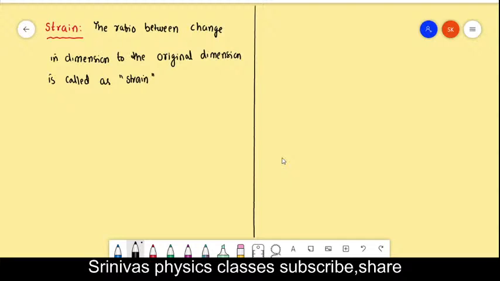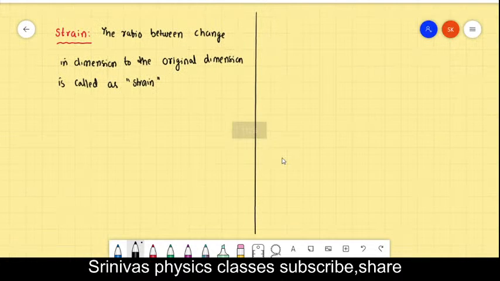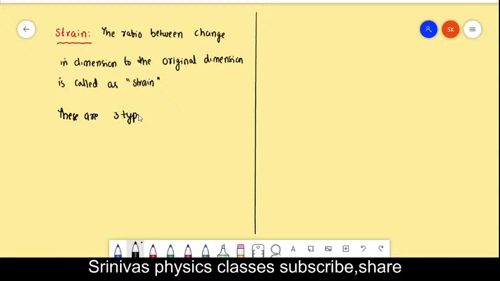These strains are three types. What are they? The first one is the longitudinal strain. Second one is the bulk strain.